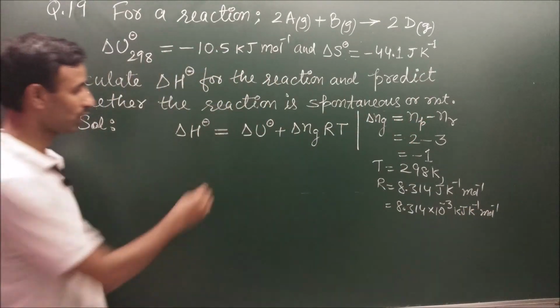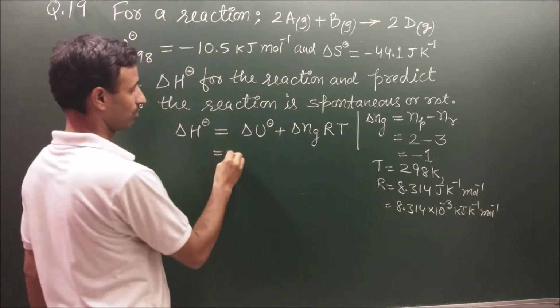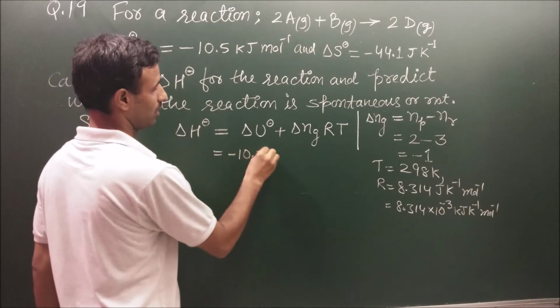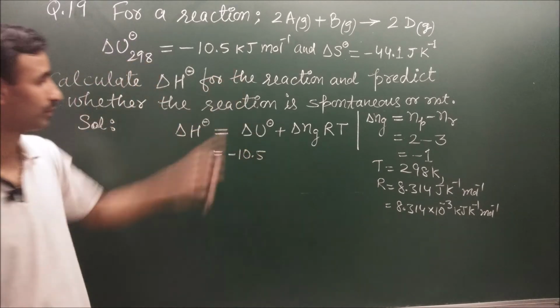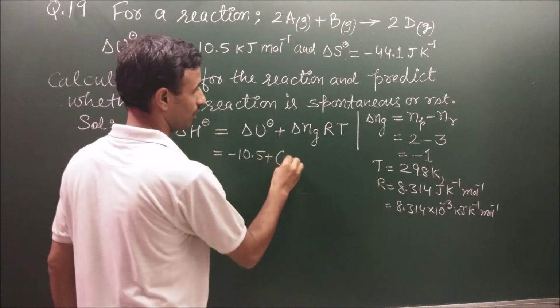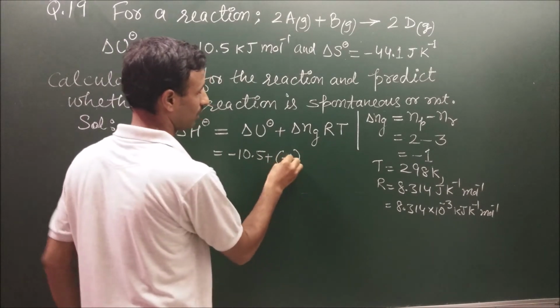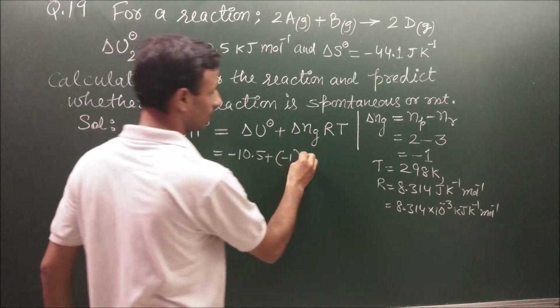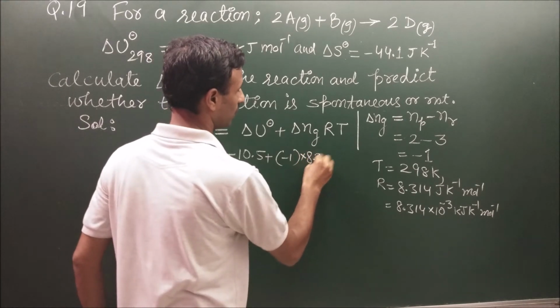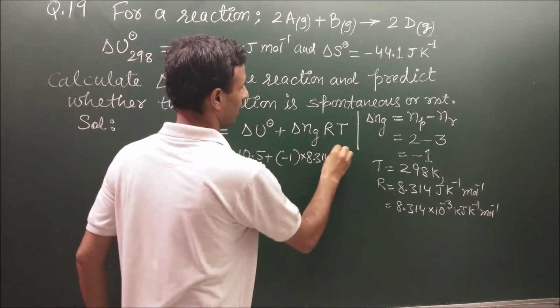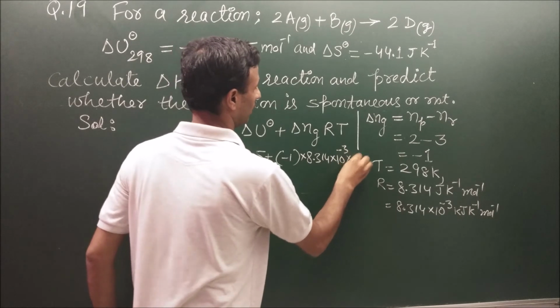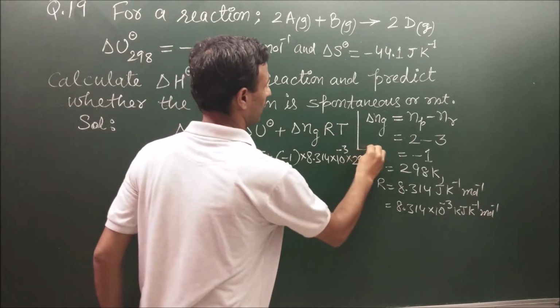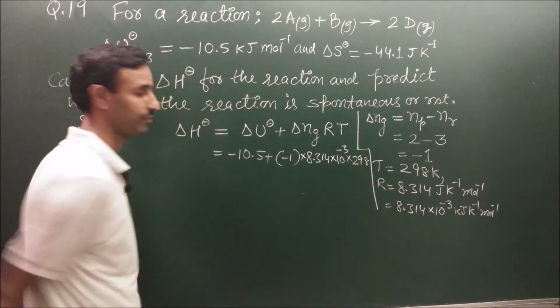So just put the values. It is minus 10.5 plus minus 1, delta ng is minus 1, into 8.314 into 10 raised to power minus 3 into 298.